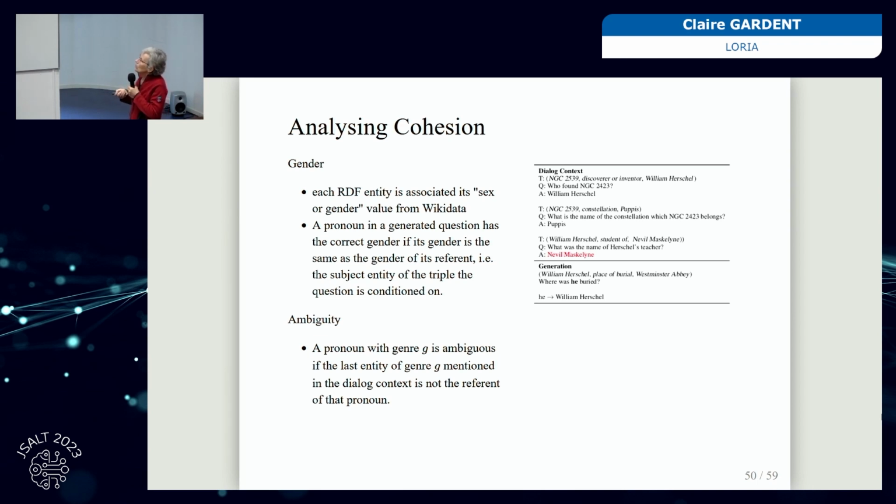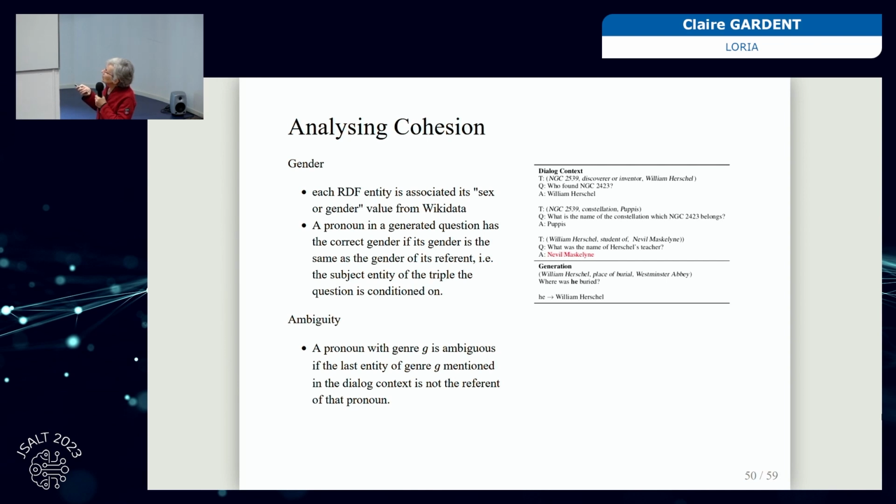And the other thing we can do is we have a heuristic, really a very rough heuristic, to measure the ratio of pronouns that are ambiguous, in the sense that the last entity of the same gender as a pronoun mentioned in the dialogue context is not the referent of that pronoun. So here you have, what was the name of Herschel's teacher, then Neville something something. So he's a man. And then the next question is, where was he buried?